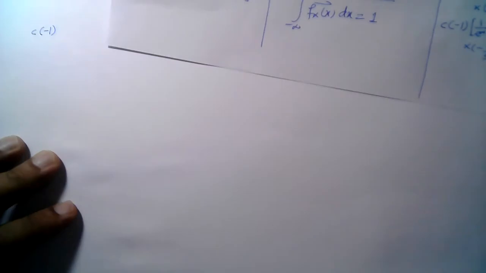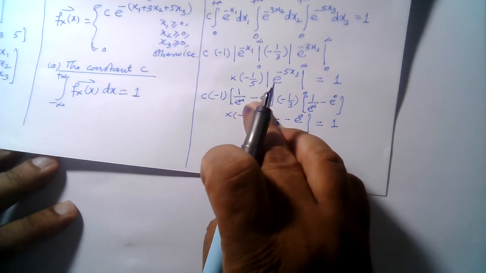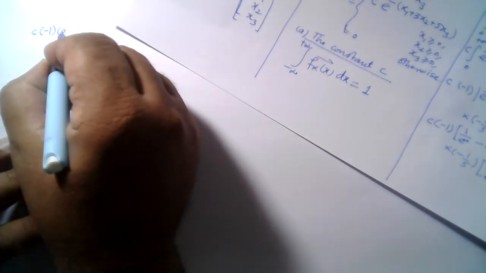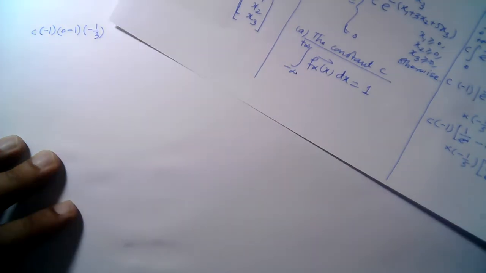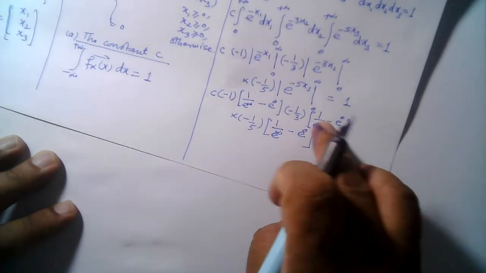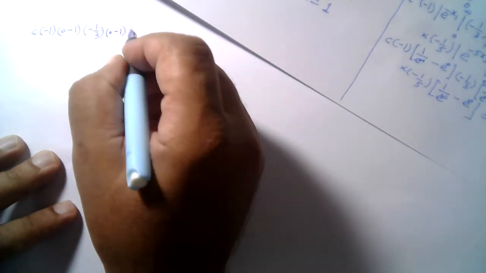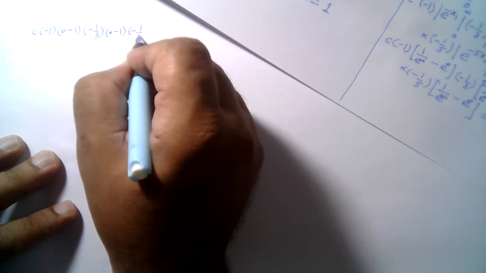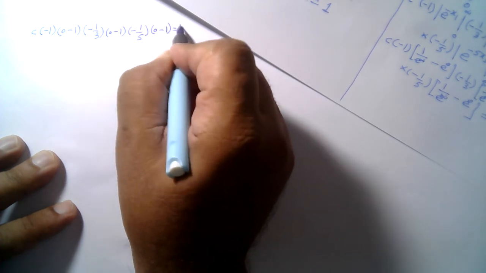So c into minus 1, and next we have 0 minus 1, then minus 1 over 3 into 0 minus 1, and then minus 1 over 5 and 0 minus 1, and the answer should all be equal to 1.